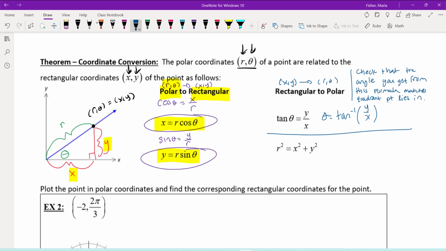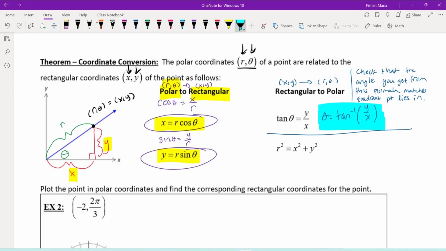What I mean is that if your point is in the third quadrant, the angle you should get from that formula needs to be in the third quadrant. Or if your point is in the fourth quadrant, your angle should come from that fourth quadrant. So if you're given rectangular coordinates x and y and need to find theta, theta is going to equal inverse tangent of y over x.